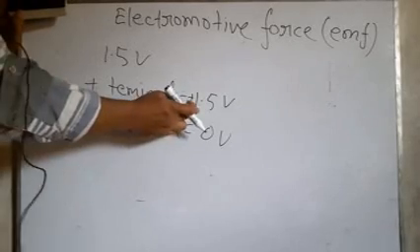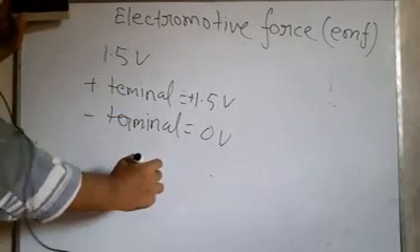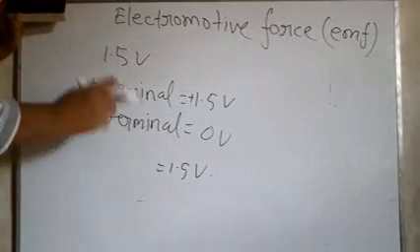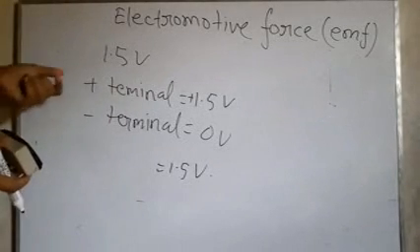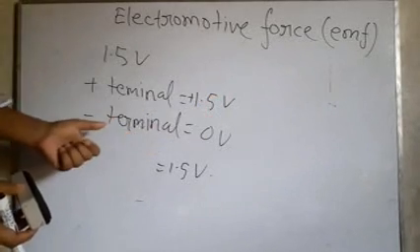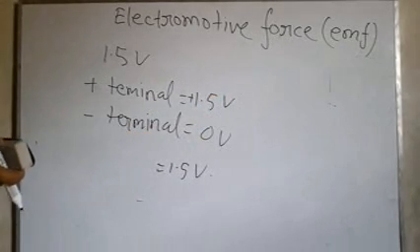That is, the difference 1.5 minus 0 is equal to 1.5 volt. Potential difference is 1.5 volt. Its positive terminal may be plus 1.5 volt and negative terminal is 0 volt.